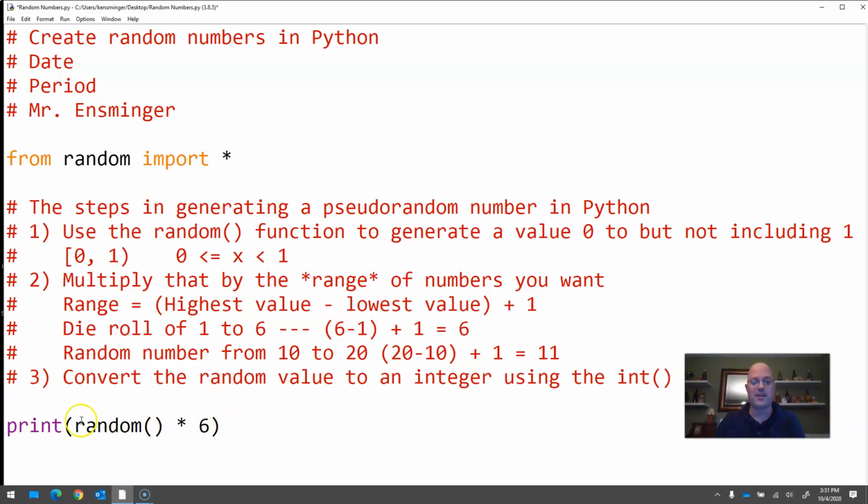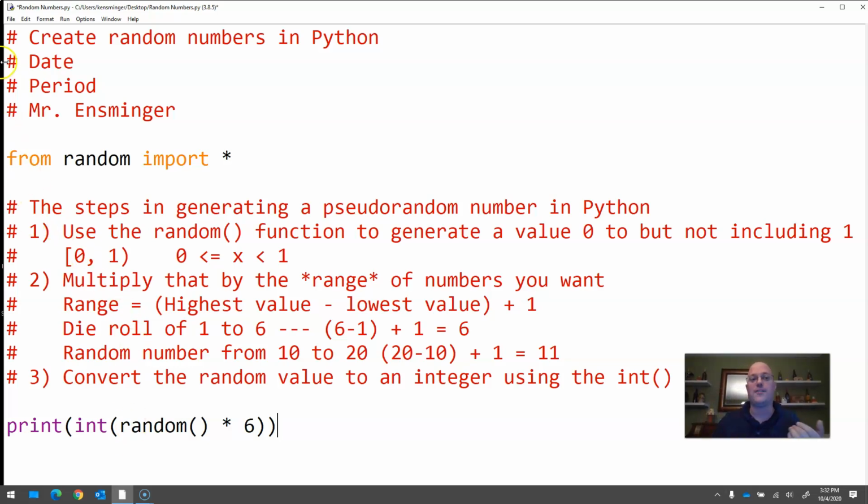If I come down here and put int parentheses around the whole thing, not just the random. You have to do random times and then put it around the entire thing. Because if you put it around just random, if you make an integer out of something from 0 to 1, it's always going to be 0. So it won't work. You need to make it multiply first, and then the order of operations is you put int around that whole thing.